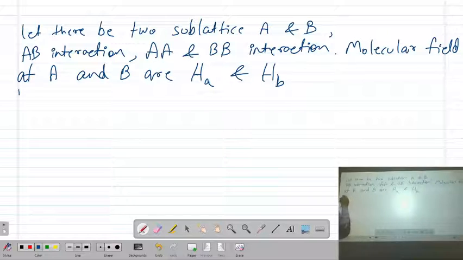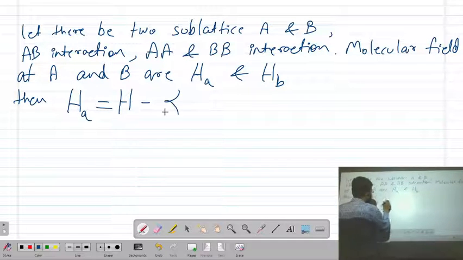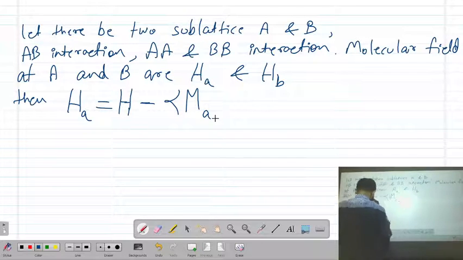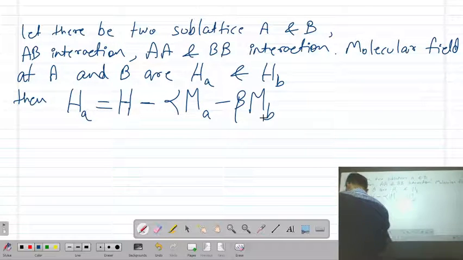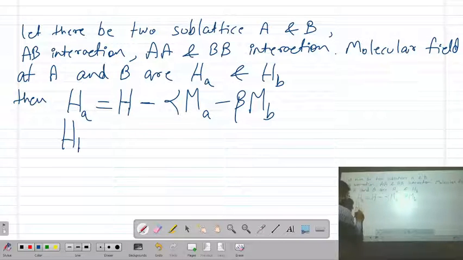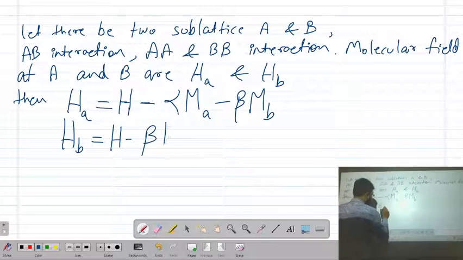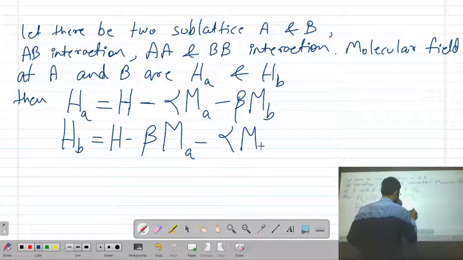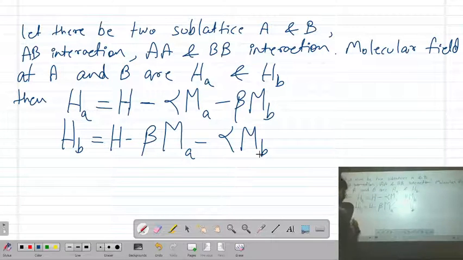Then we can write H_A equals H minus alpha M_A minus beta M_B, and similarly H_B equals H minus beta M_A minus alpha M_B. Here, H is nothing but the applied field.